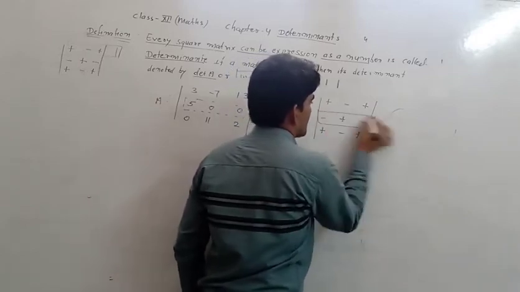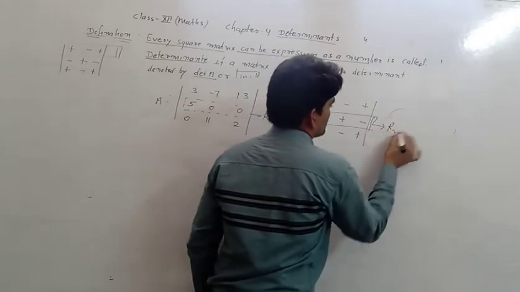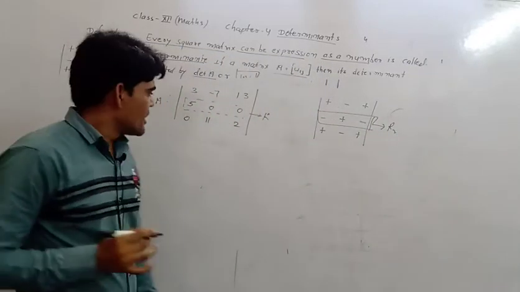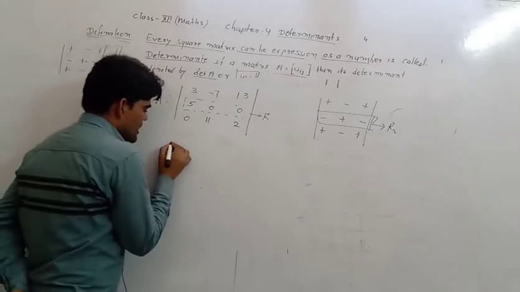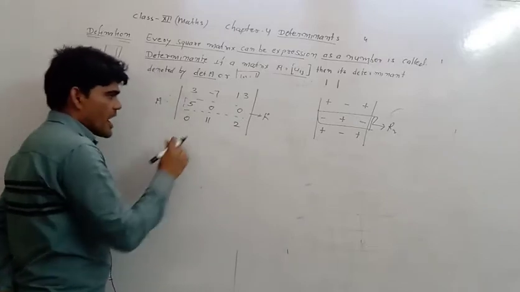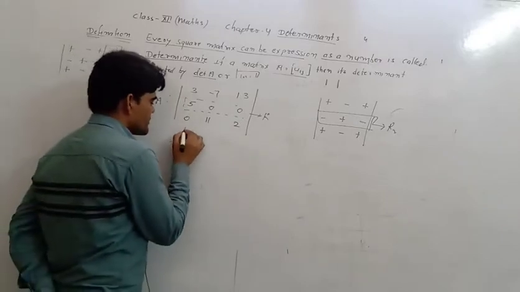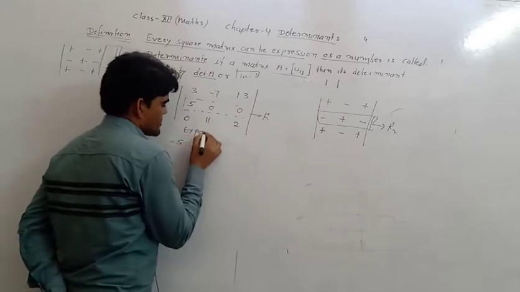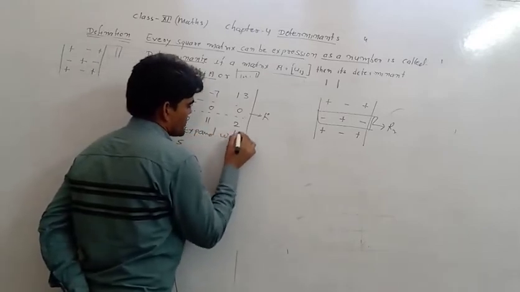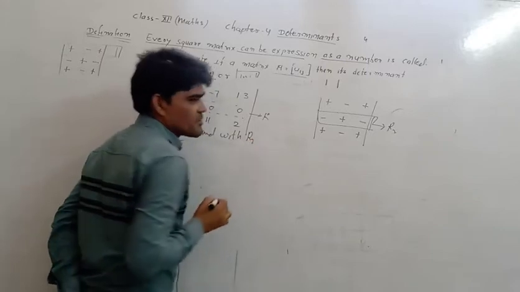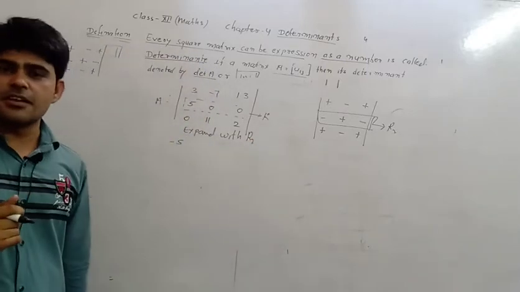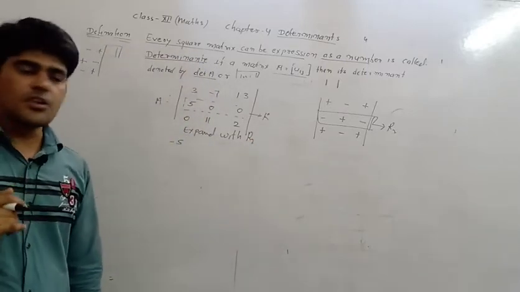We apply it for R2, the second row. It means first minus 5, expanding with R2. It means we expand the determinant by the second row.